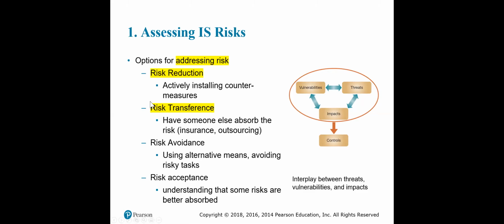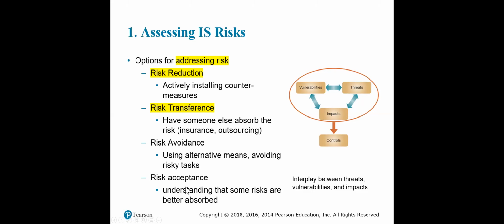The risk transference is a good strategy when a different entity is better positioned to accept or reduce the risk. For example, having an insurance company. And risk avoidance may involve avoiding e-commerce, website, or email. It's not that feasible a strategy, right?